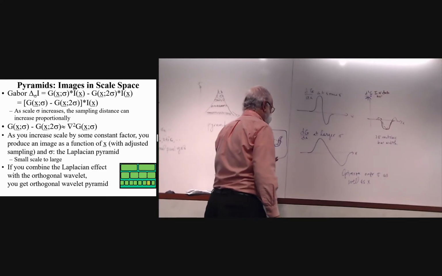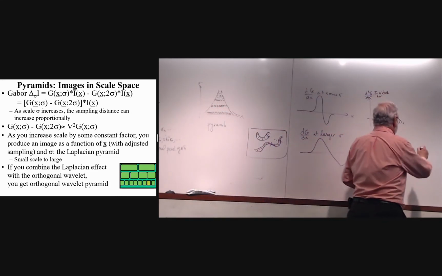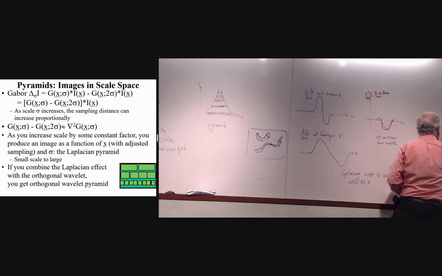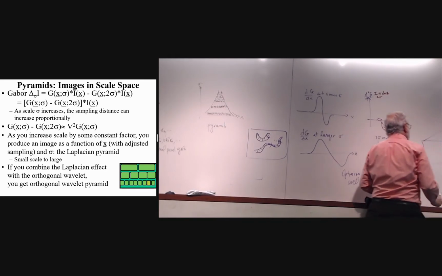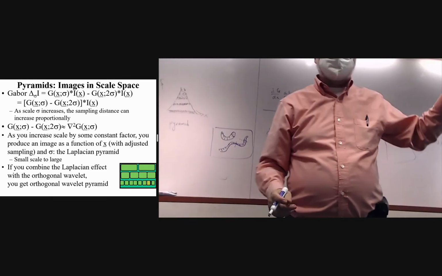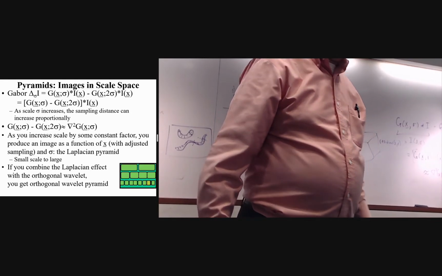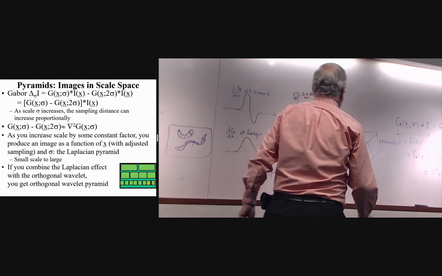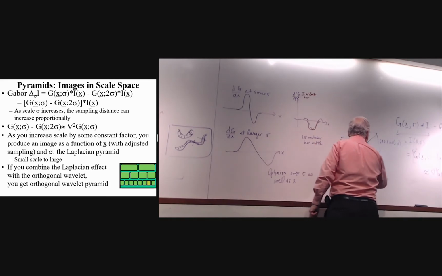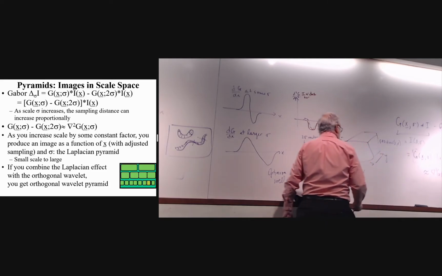So a way of thinking about that for a 2D image is that you have a 3D scale space. Let's leave the orientation out of it for a moment. What you have here is sigma, what you have here is x, and what you have here is y.